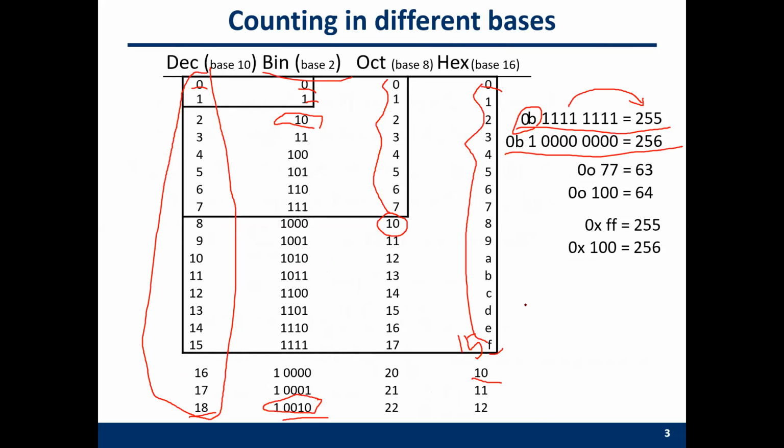We need to write 2 from 2 to 0, which is this bit, to 2 to 7. And write each digit in the bit position here. And then we can have this value.